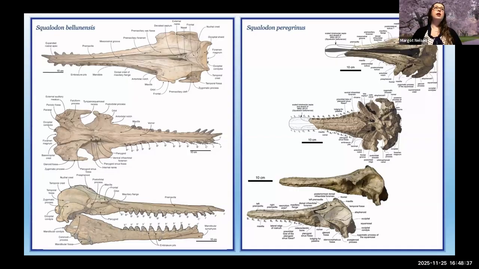Yes, there are two really good books I can think of. One is by Annalisa Berta, who is a famous marine mammal paleontologist. Let me quickly Google the name because I don't have it in front of me. It is The Rise of Marine Mammals: 50 Million Years of Evolution.